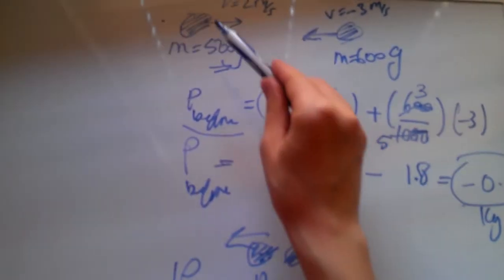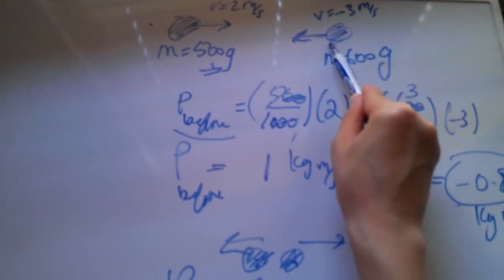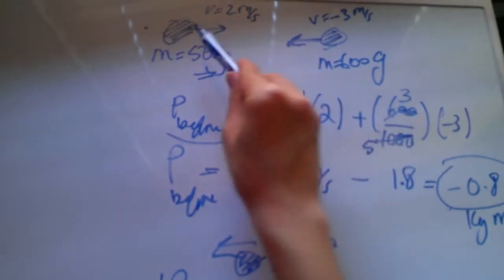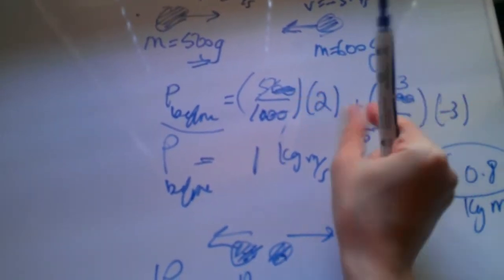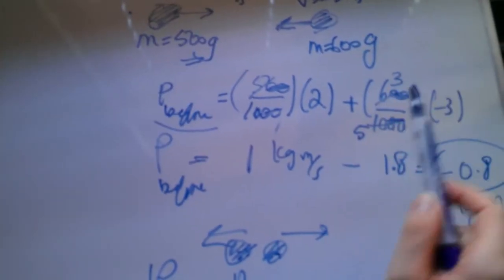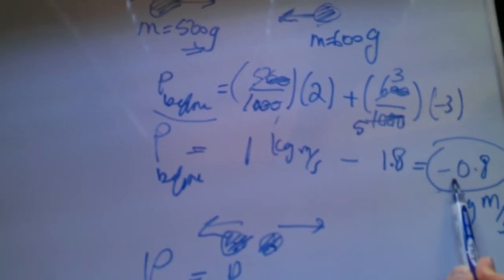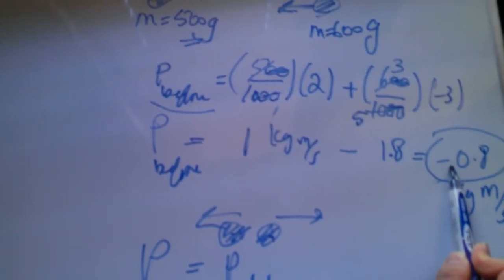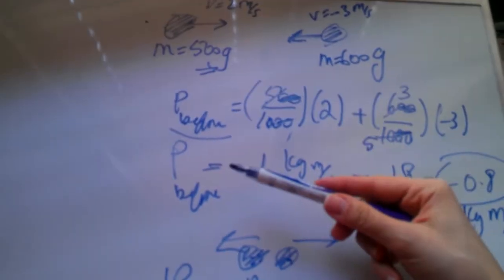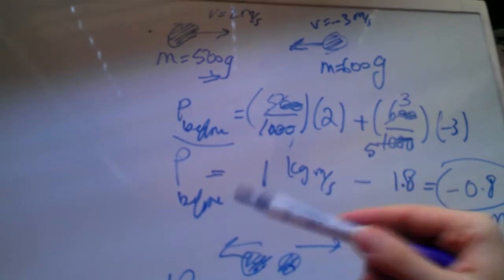Now we have two billiard balls, so the total momentum, when you add up each and every one, is that number, whatever it is, in this case minus 0.8, and it stays the same no matter what happens in the system.